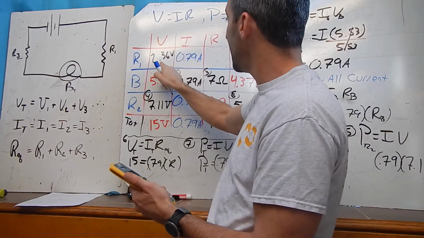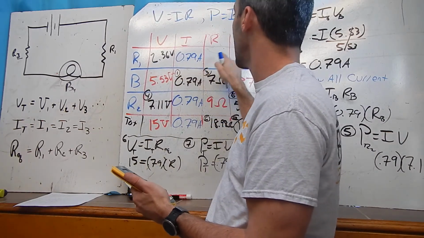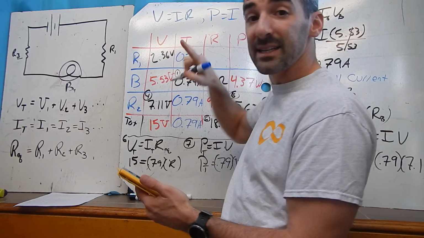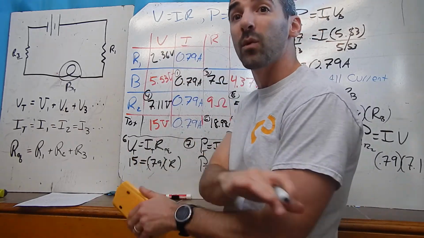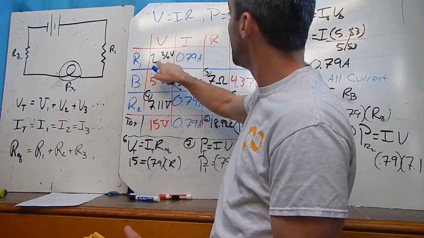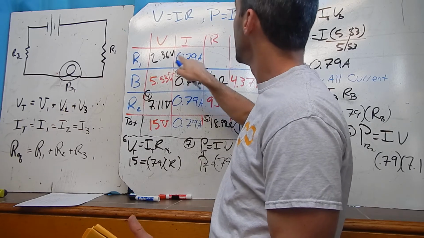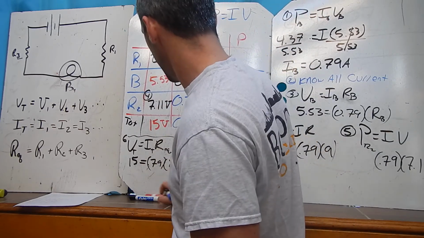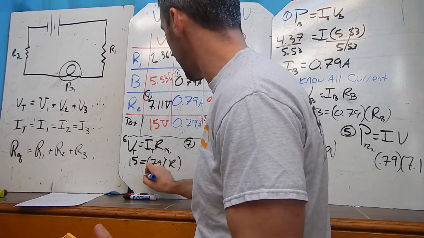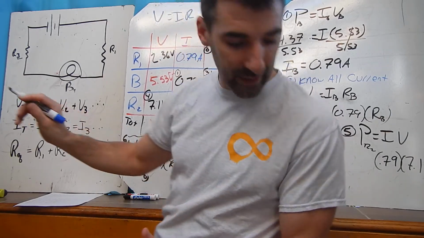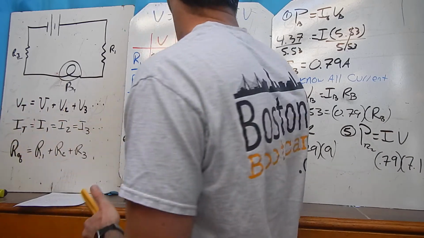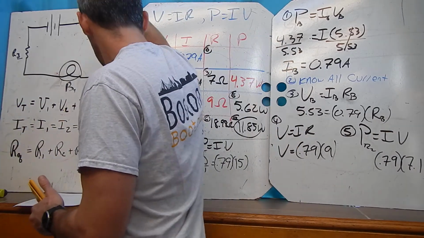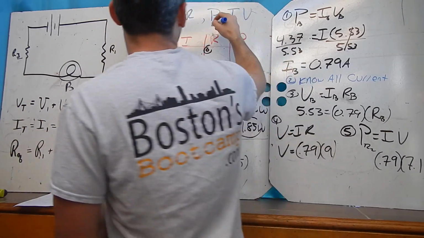I can say V equals I times R. So I can solve this resistance twice, and I know I'm right if it works both times. If I do V equals I times R, 2.36, so number 8. Number 8. I don't have another clean whiteboard. So if I do, I'm going to put it up here.